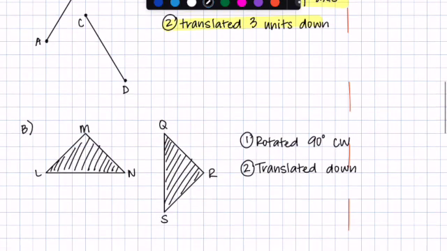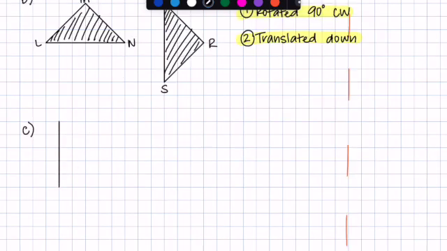And we're going to do one final example together. All right, last one, example C. You can start to draw out a rectangle with me.